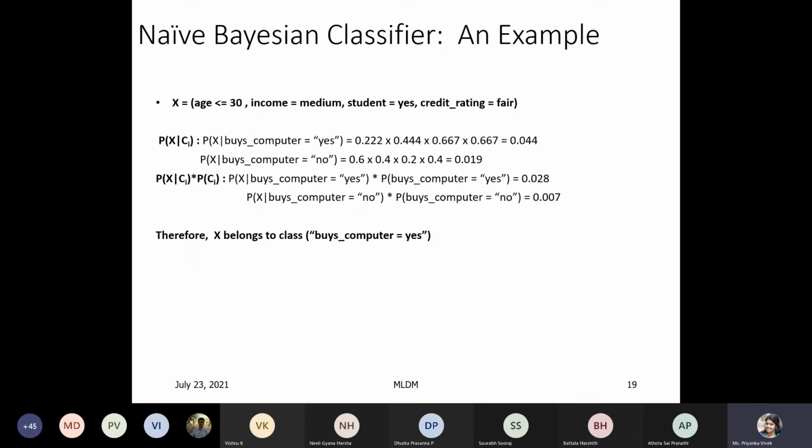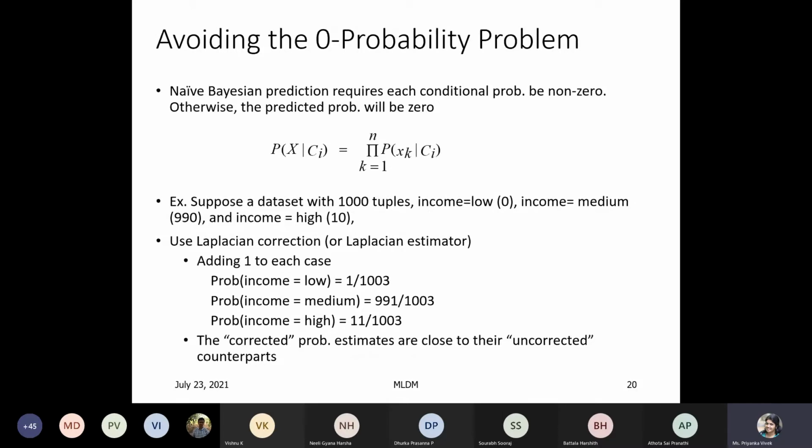For yes we get a value, for no we get a value, and finally we see which is the maximum. Here the value is more for the yes class, so of course we will choose yes.